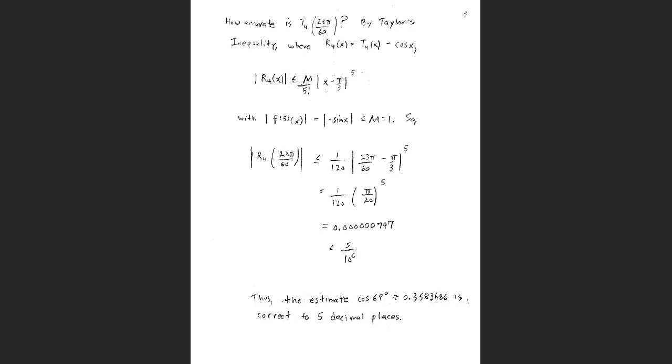So how accurate is our approximation, the 4th degree Taylor polynomial evaluated at 23 pi over 60? Well, by Taylor's inequality, this is the structure of Taylor's inequality. The bound on the error is less than or equal to M over 5 factorial times the absolute value of x minus pi over 3 to the 5th power.